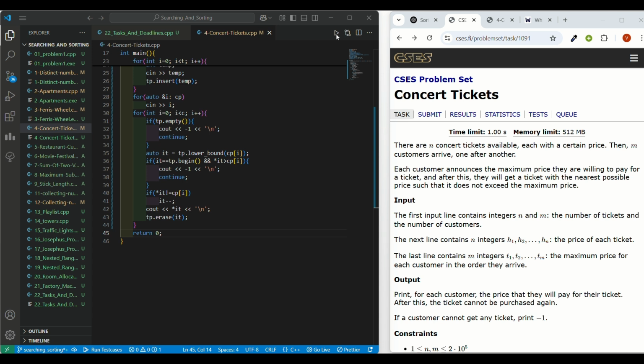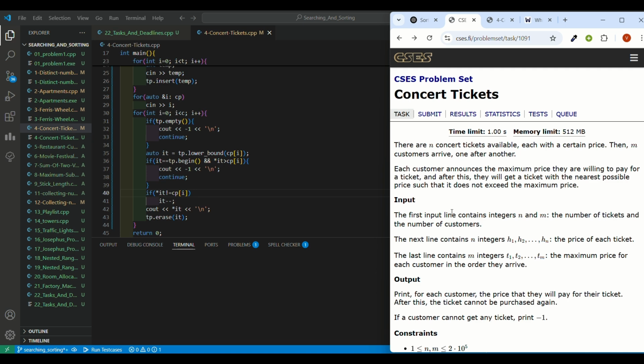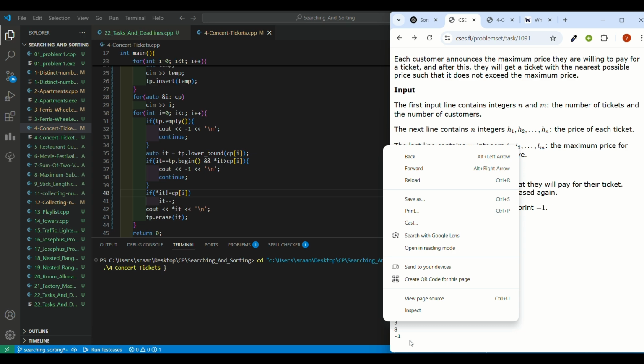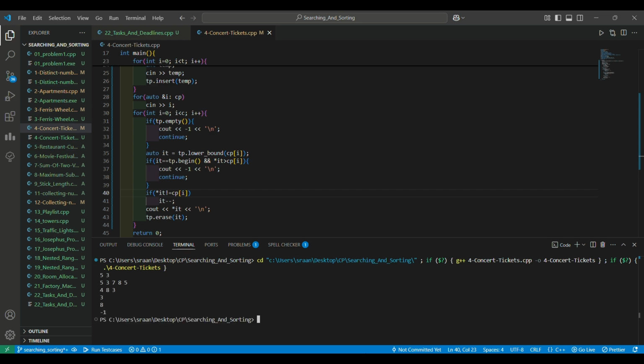So let's check it for the sample case. Let's check this code for the sample case.